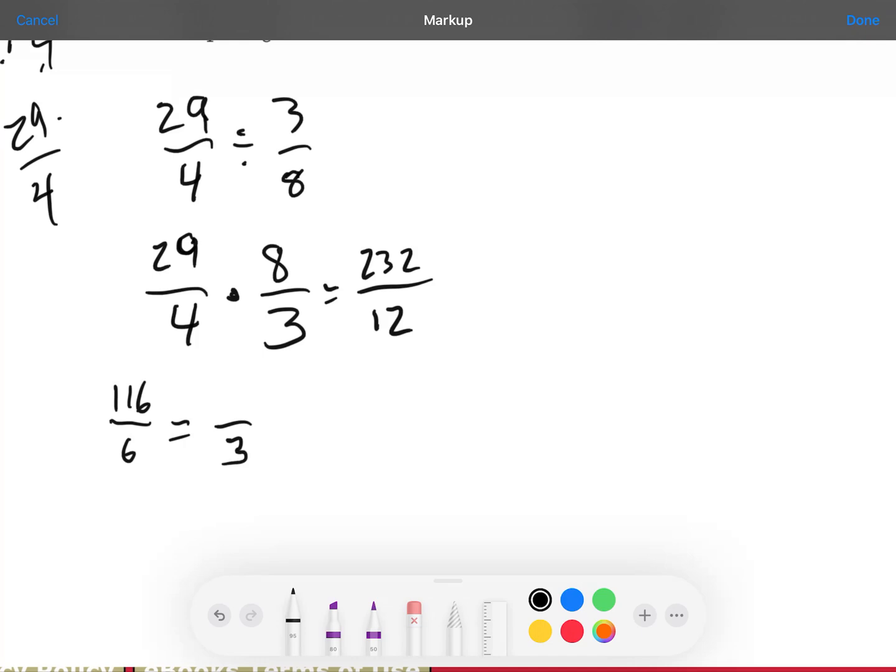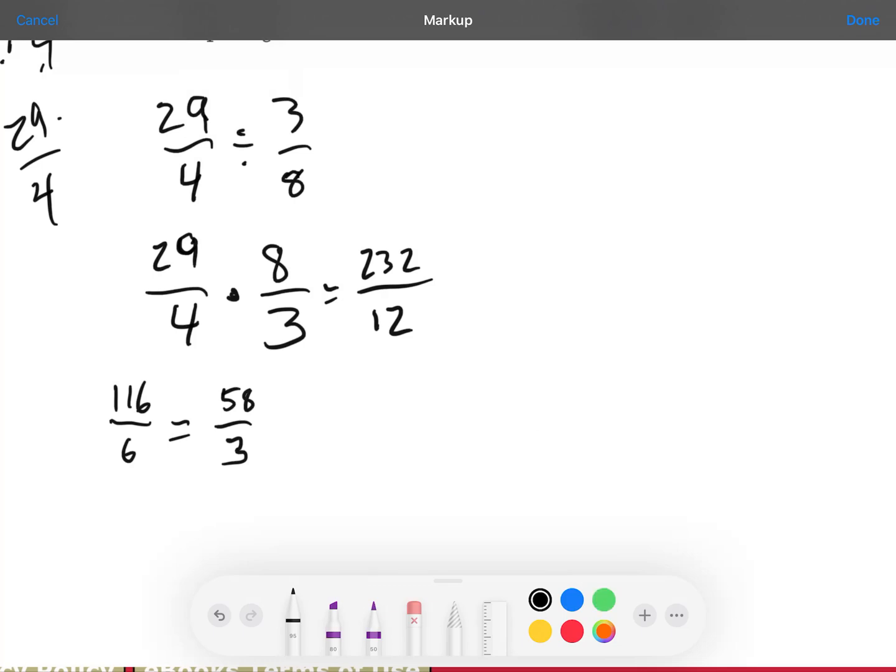That becomes 3. 116 divided by 2 would be 58.